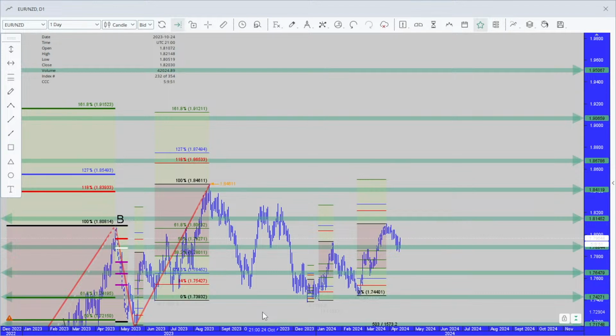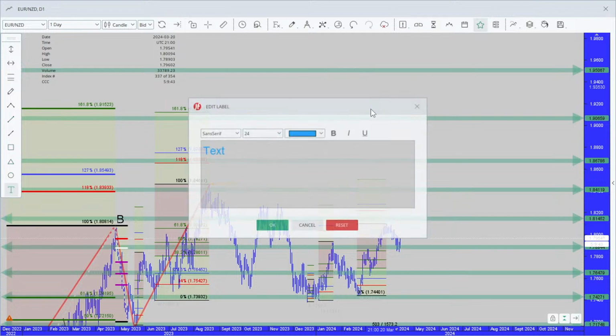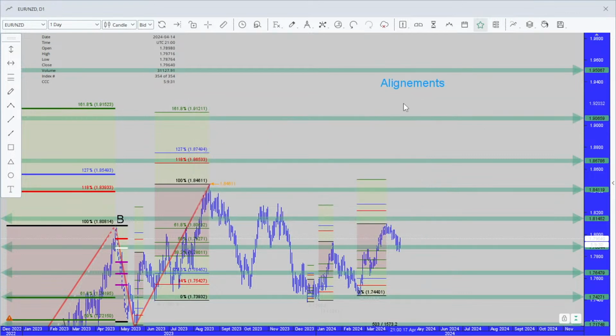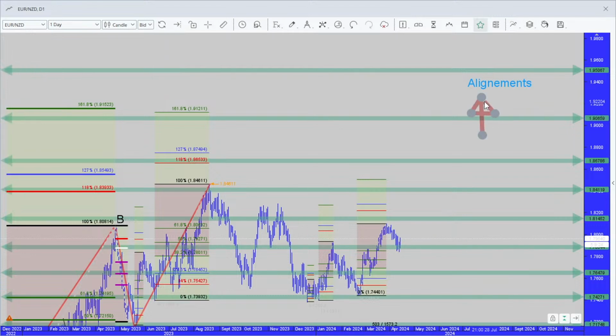Similarly to NZD CAD, alignments. The 4-hour original Fibonacci is up.